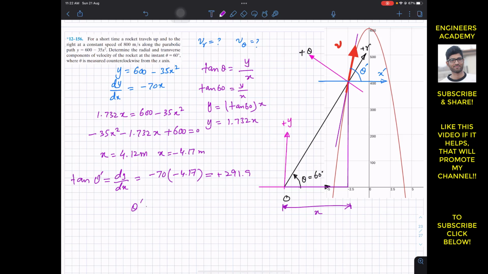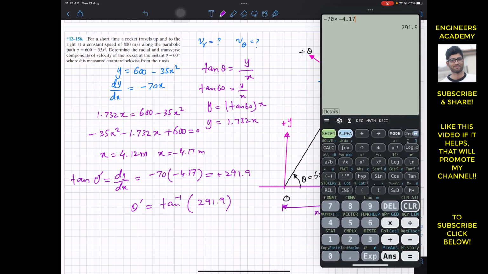Theta dash is tan inverse of 291.9, this gives us 89.80. So theta dash is 89.80 degrees, and this is a positive value.